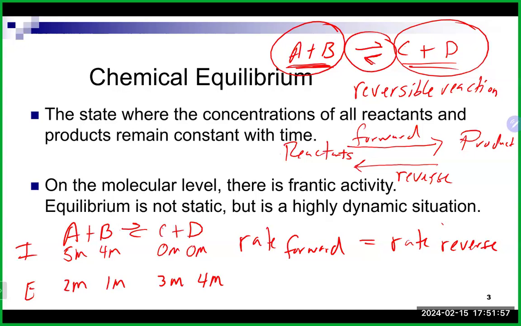I'm just making up these numbers, obviously. What that means is once it reaches that chemical equilibrium, they will be able to maintain those concentrations. So, sort of indefinitely, A will stay at 2, B will stay at 1, C will stay at 3 in my example, and so forth. So again, it doesn't mean that they are equal to each other, but it means that the rate of that forward reaction will also equal the rate of the reverse reaction.